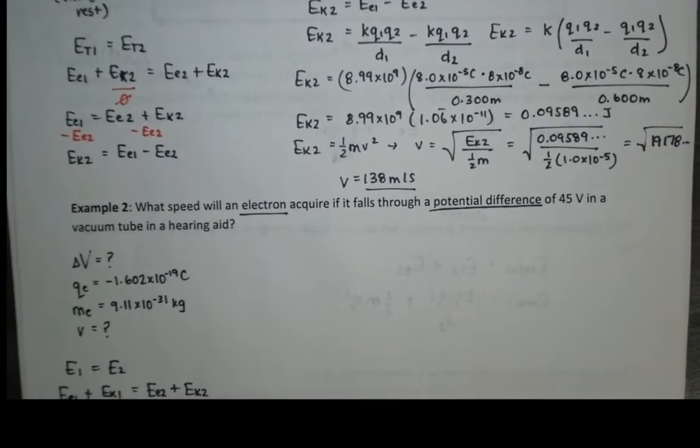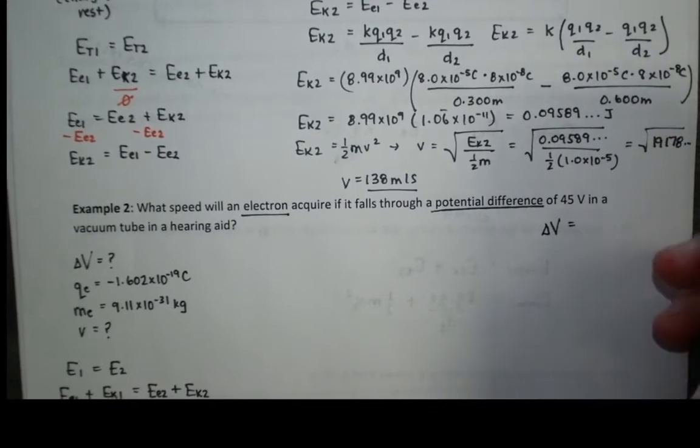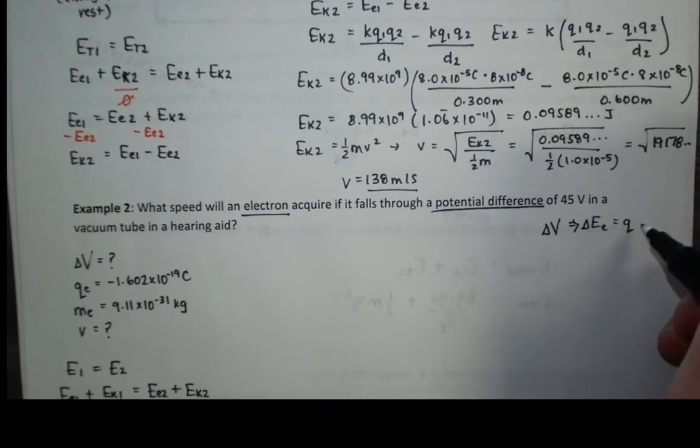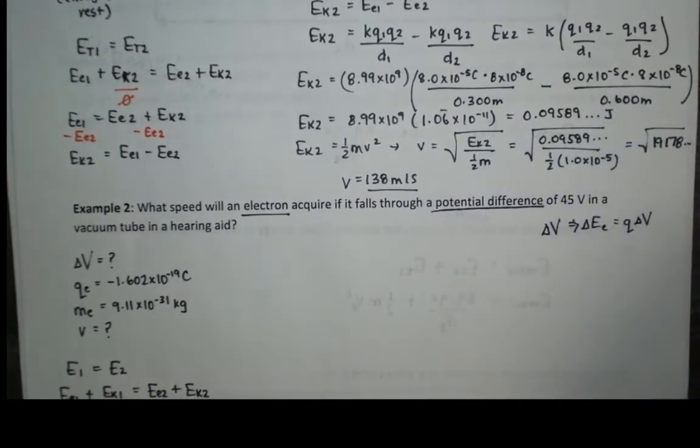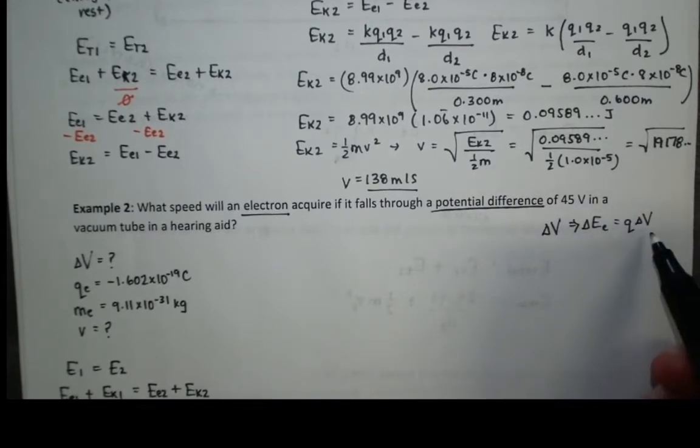This time we have a little bit different information. We have a potential difference. So potential difference is V. If you look on your formula sheet, we do have an expression where change in energy is equal to charge times potential difference.